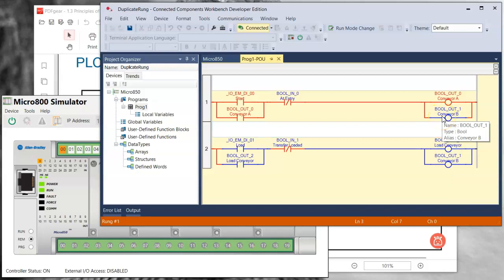Rung 1 is saying you should be on, but rung 2 is saying you should be off. And since rung 2 is the last rung in the program, that's the one that wins out.